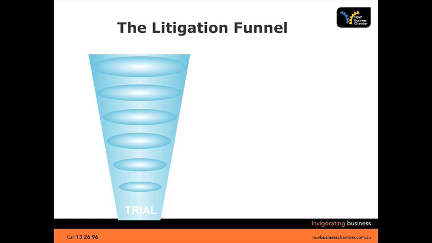So this is the litigation funnel, the end point being, of course, the final hearing or the trial. So a claim is filed in court. That's how things are commenced. When someone says, I'm going to go to court, they have to file a claim, a statement of claim of some kind. That's what activates the litigation process.